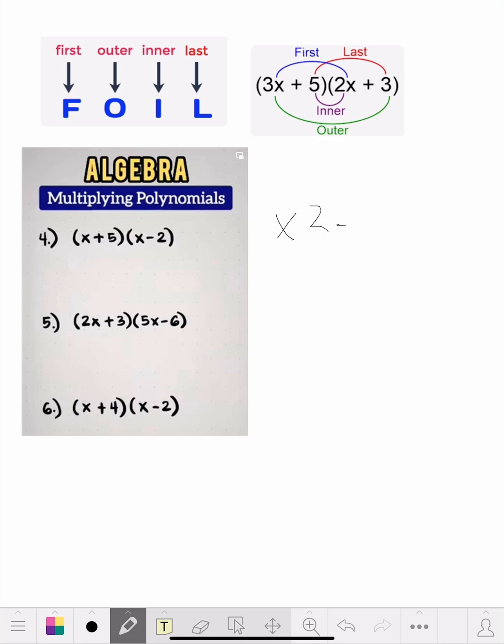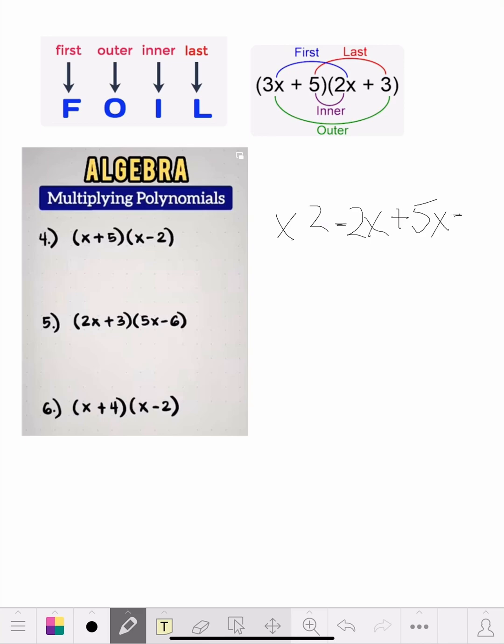So it's going to be negative 2x. And now the inner ones. It's the 5 and the x. It's positive 5, so it's going to be a positive 5x. Now, the last ones are going to be the positive 5 and the negative 2. So positive and negative, it's a negative 10.